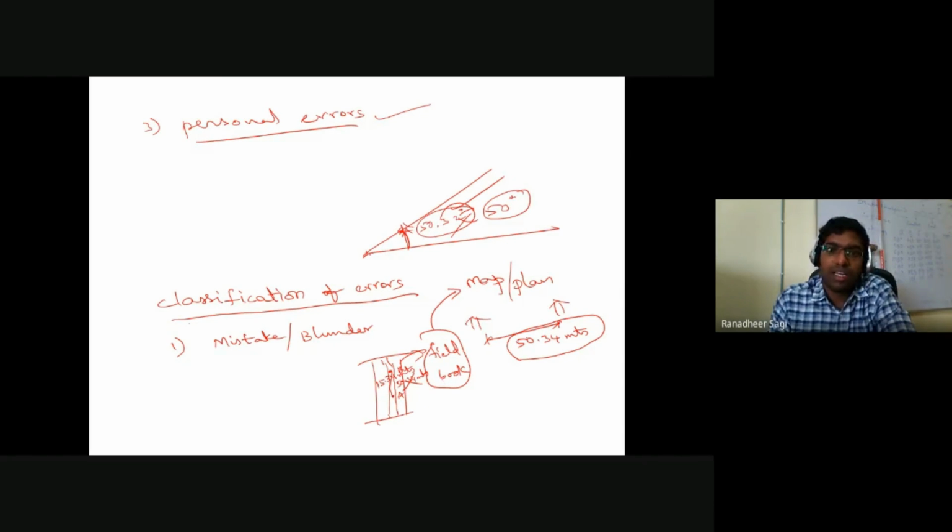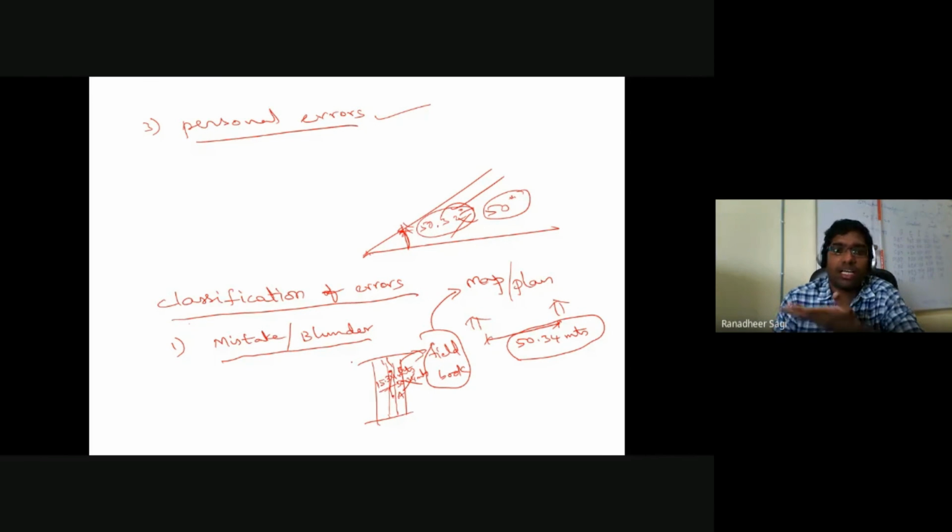I repeat, I have measured it correctly, but while noting it down in my field book, instead of writing 50.34 meters, the person who measured told me 50.34, I heard it as 15.34, and I noted 15.34 meters. Such kind of error is what we classify as a mistake, or rather a big blunder.